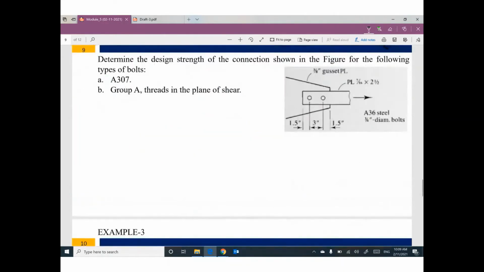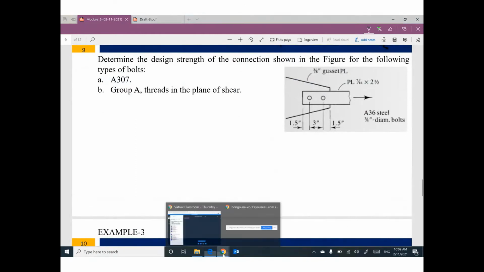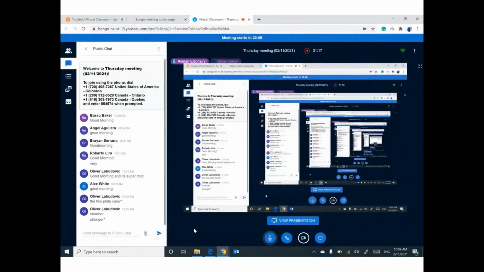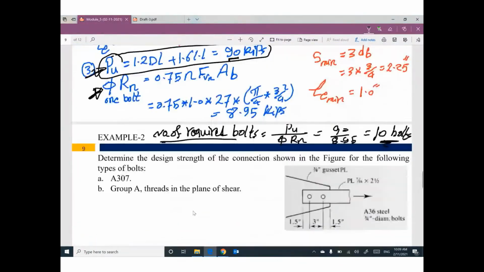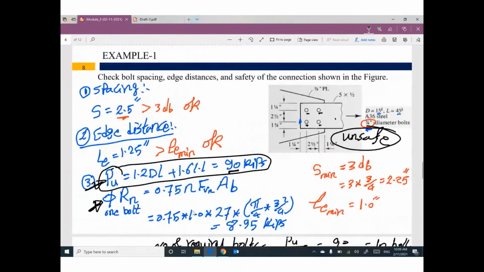One more example. But before going to the example, do you have any question? I have a question. So we checked the spacing and it's good, the edge distance and it's good, but the only thing that's not good is the number of bolts we have, because the connection is not safe. Yes. But what if we got a question like this on the test, and the very first thing, the spacing, wasn't okay?